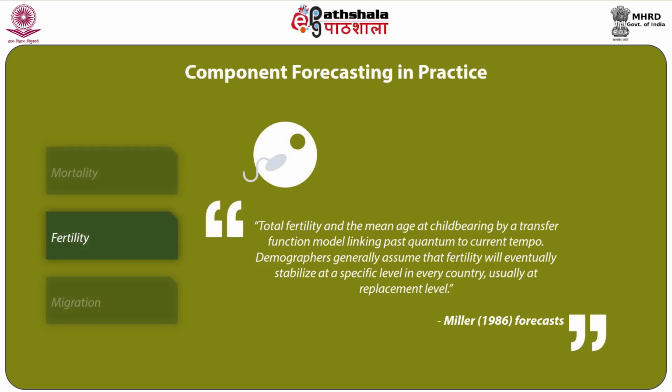Miller 1986 forecasts total fertility and the mean age of childbearing by a transfer function model linking past quantum to current tempo. Demographers generally assume that fertility will eventually stabilize at a specific level in every country, usually at replacement level.